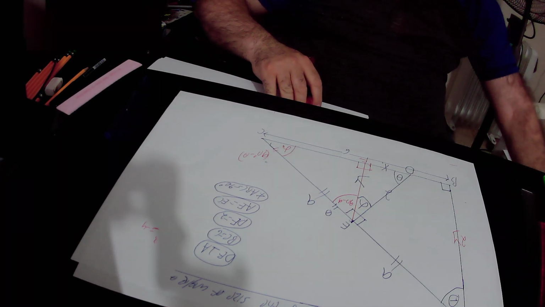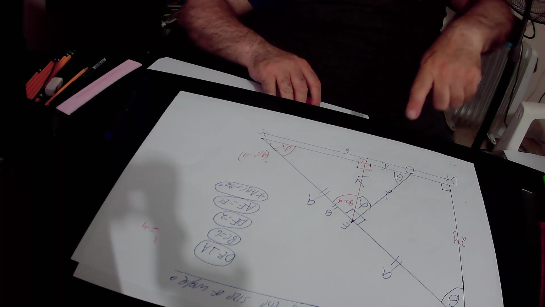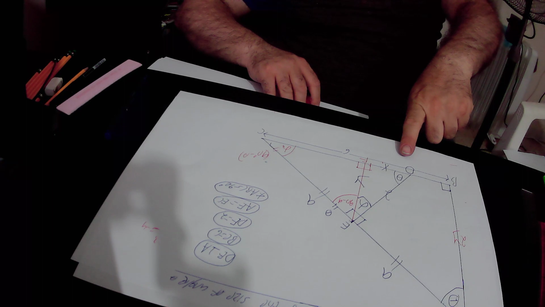So here I will copy the right triangle DEF, and we will implement cosine theta in this right triangle, triangle DEF.